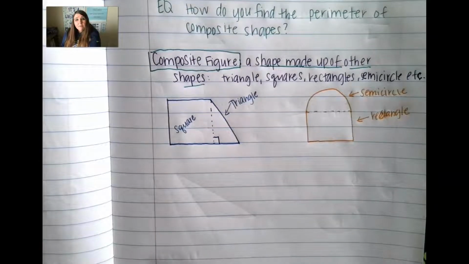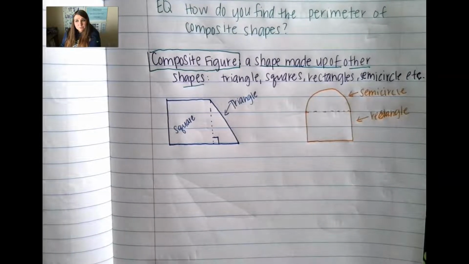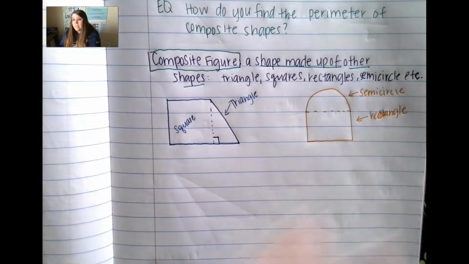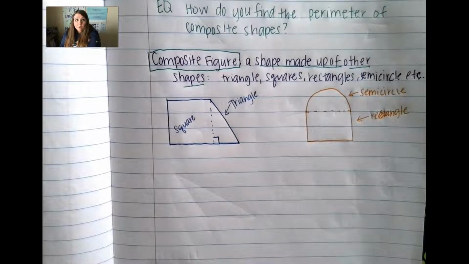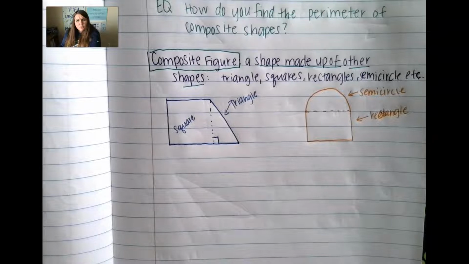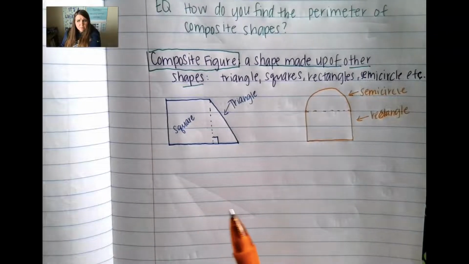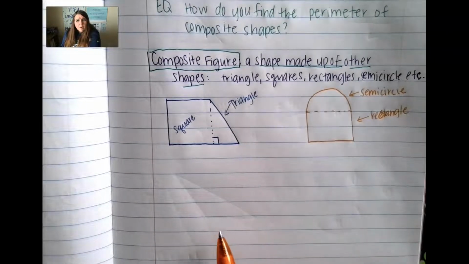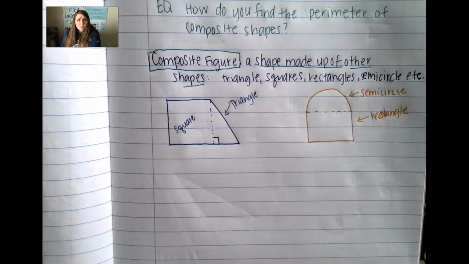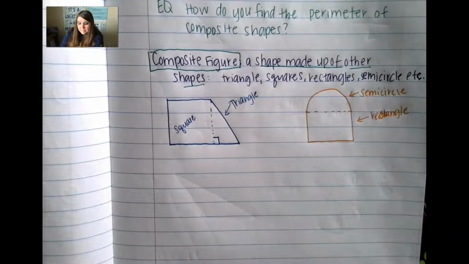So the way that we find the perimeter of a shape is by looking at the outside. We're not so much worried about the inside of a shape, okay? So on a composite figure, the only thing that we're worried about is looking at the distance around the whole shape.